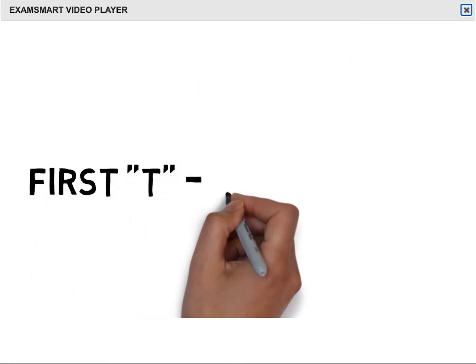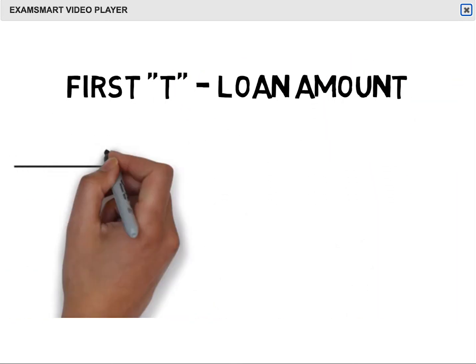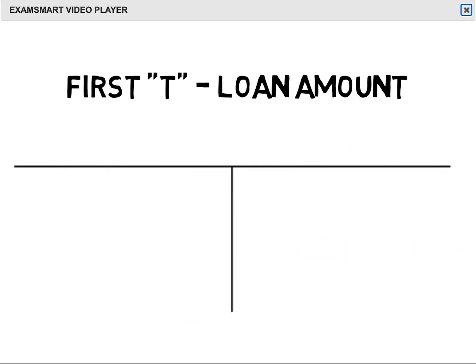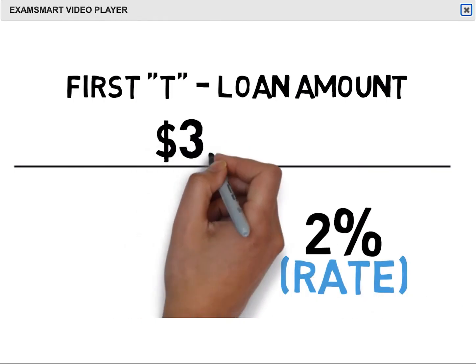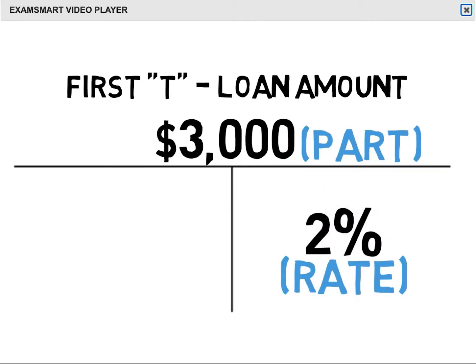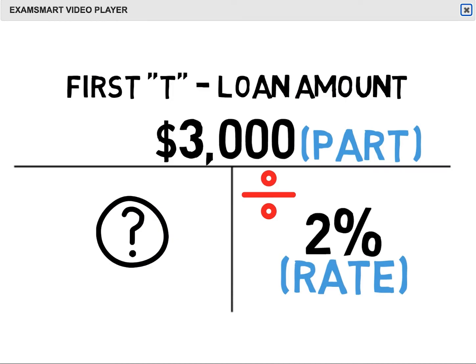In the first T, let's look at the actual discount points of $3,000. The $3,000 in discount points were based on 2 points that the lender charged. So in our first T, 2% goes in the bottom right for the percentage. The amount of discount points, 3,000, will be the smaller number, goes up on top for the part, so I take the top and divide by the bottom.